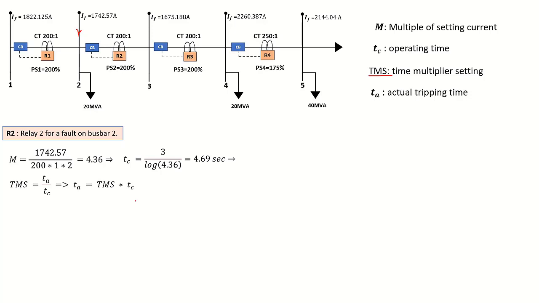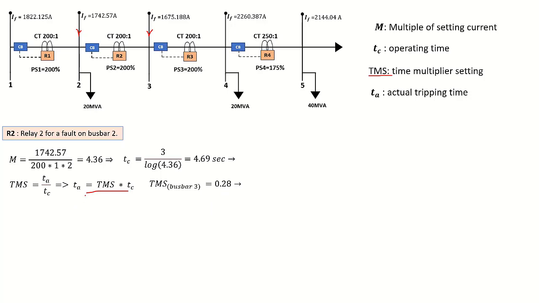Now from here, we go ahead and calculate TMS as we have discussed. TMS is TA over TC. Remember these formulas, because they don't give you the formula sheet, but you have to remember the procedures. You already have TC, but where do you get TMS? TMS is the previous TMS that you calculated for relay 2 when you were dealing with the fault on busbar 3, and on the previous slide we saw that value was 0.28.